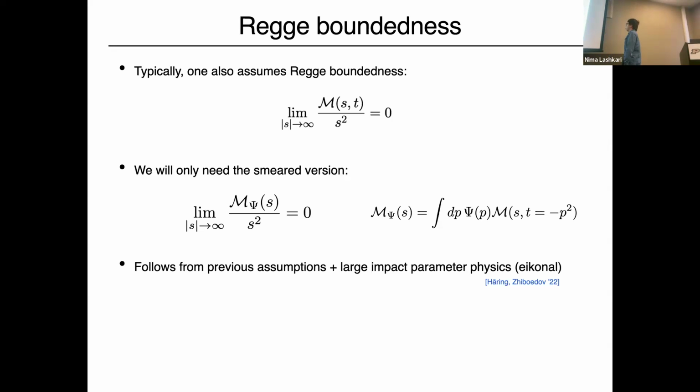This basically follows from the assumptions on the previous slides, plus some physics about large impact parameter, which for gravitational amplitudes is described by some eikonal formula, which you can use to constrain the behavior at large s. So in this talk, I'll use this assumption.